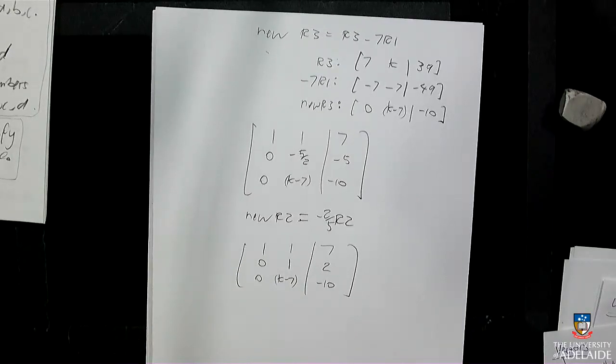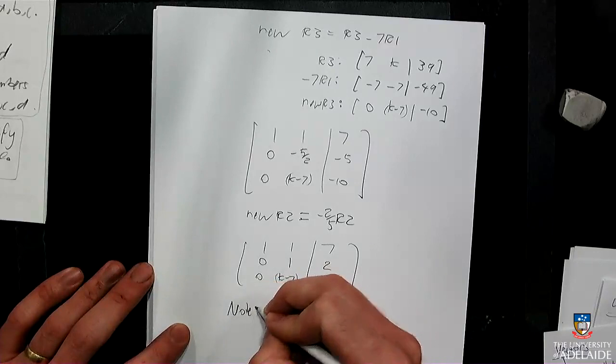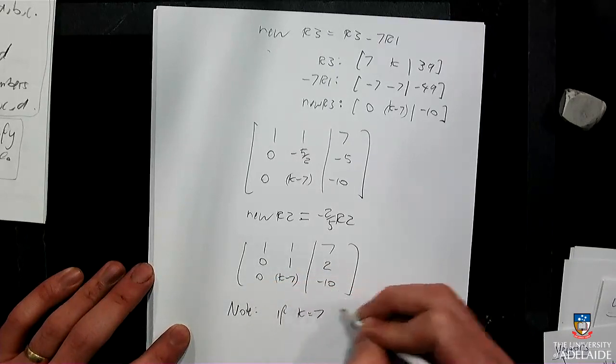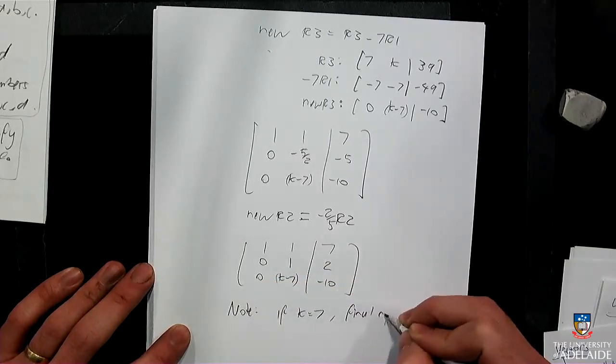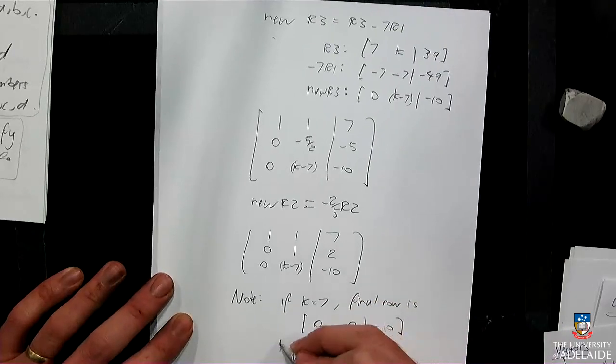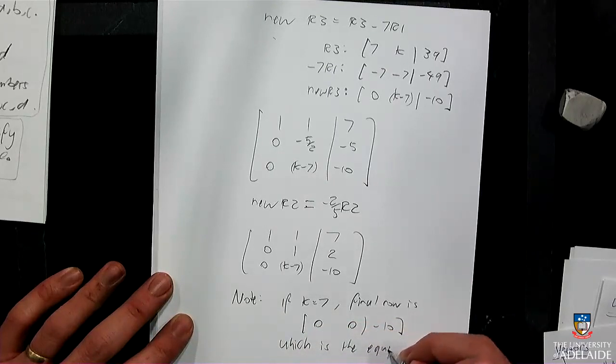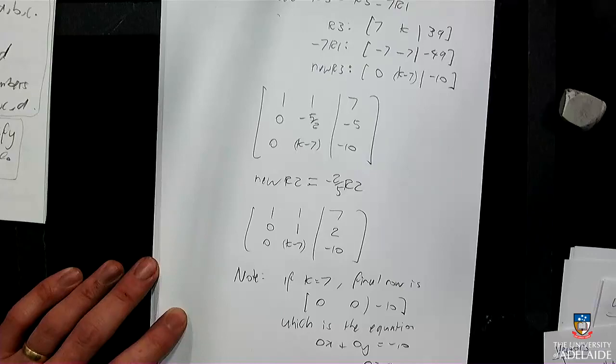Well, I've noticed that if k is 7, I'm going to have a real problem. Because if k is 7, I'm going to have 0x plus 0y is minus 10. So I notice this. If k equals 7, 0, 0, minus 10, which is the equation 0x plus 0y equals minus 10, which is 0 equals minus 10, which doesn't make any sense.